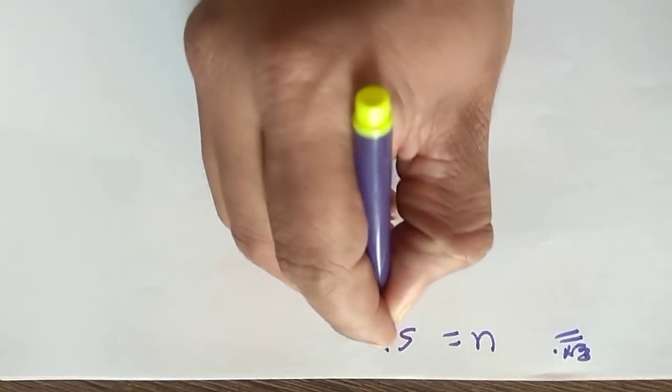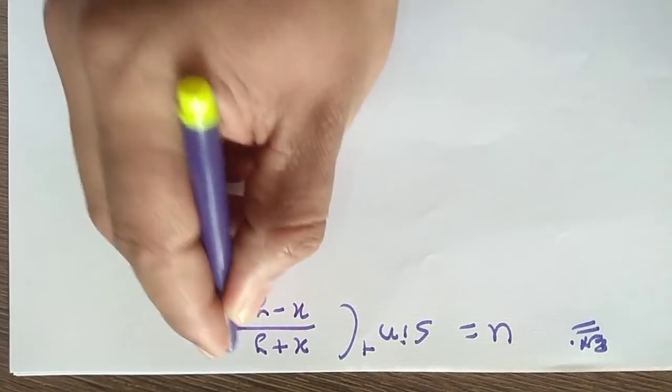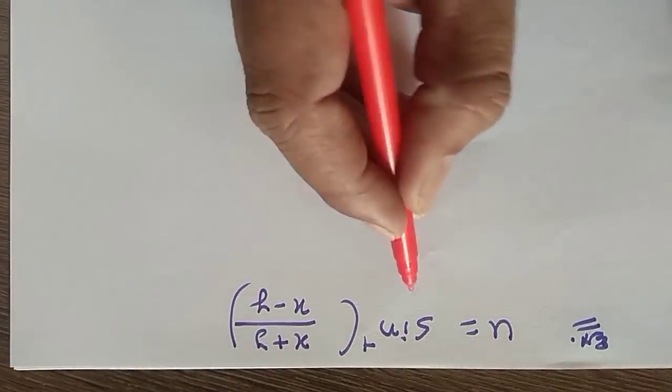Okay. Now I will turn to another example. In this example I will take u is equal to sine inverse of (x plus y) divided by (x minus y). We have to first check whether this function is homogeneous or not. If homogeneous, then we have to find its degree.